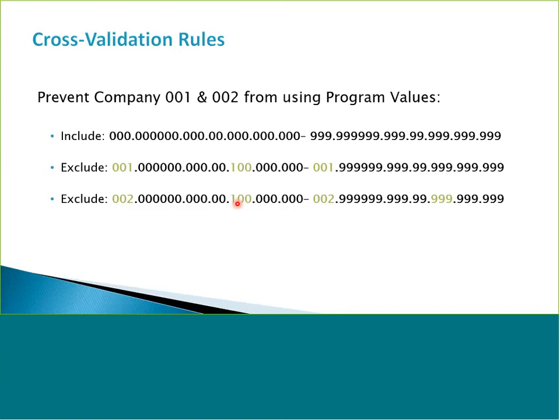So when the ranges you want to exclude are not in one neat, continuous range, you can use this. Oracle allows you to enter more than one exclusion range, so that you can define different ranges for your cross-validation rules.